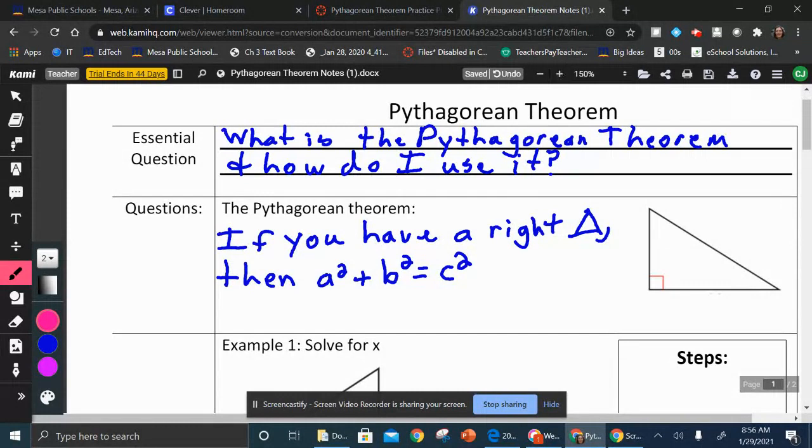Okay, so this is a leg. Okay, and then of course we have our base. It's also a leg. Okay, and then we have c, and this is the hypotenuse.